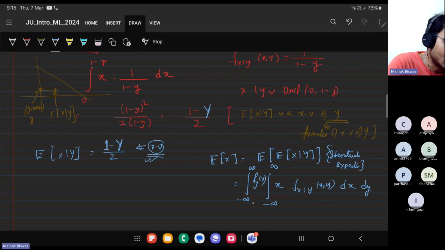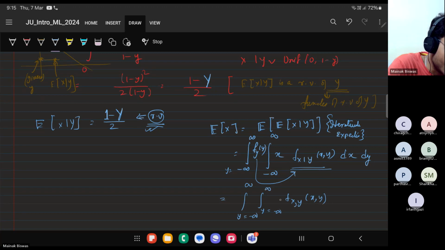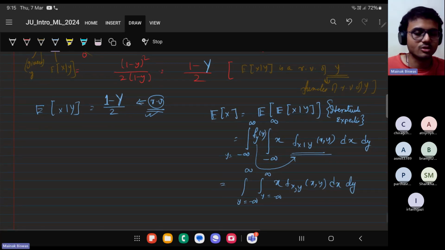So now this integral is over y, this is over x. The internal integral does not depend on y. I can take this value inside. It's a constant with respect to the first integral. F of x given y, x y. So this is nothing but the joint.